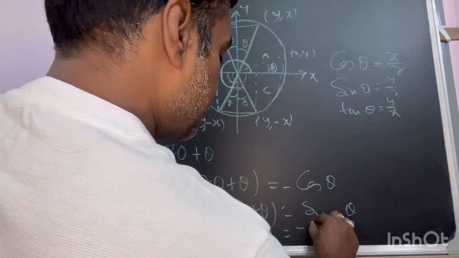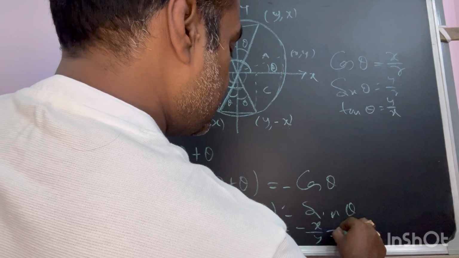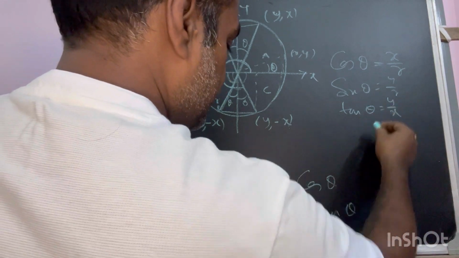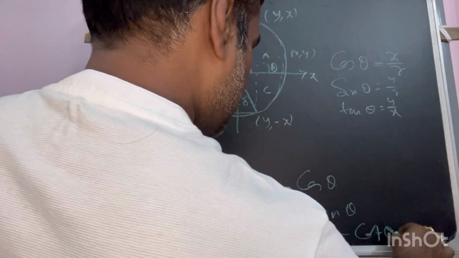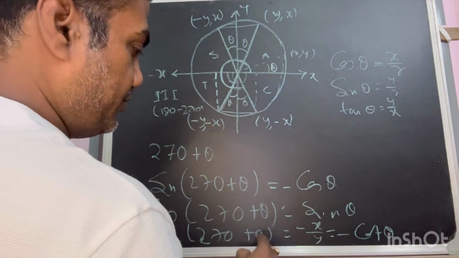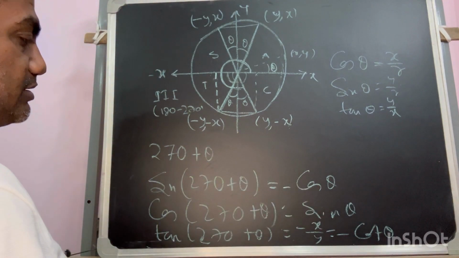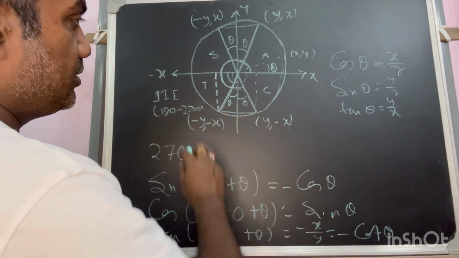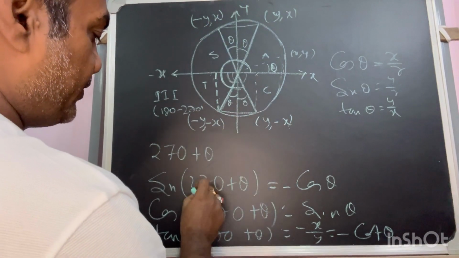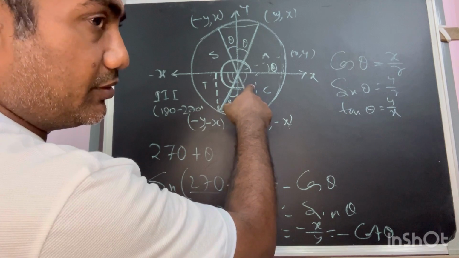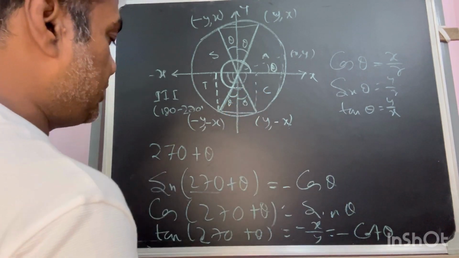This is minus x by y, that is equal to minus reverse of tan theta, cot theta. So tan here it is negative, so tan will be cot and minus. So this way the thing changes. Now any multiple further, if I rotate, you only have to remember in which coordinate it is coming. So accordingly you have to pick the sign.